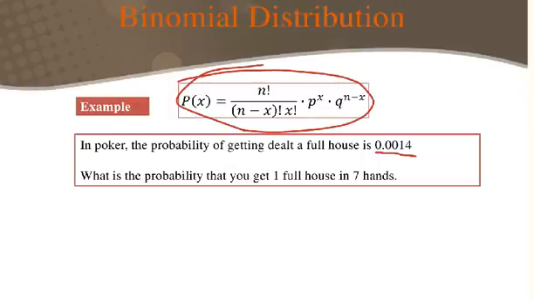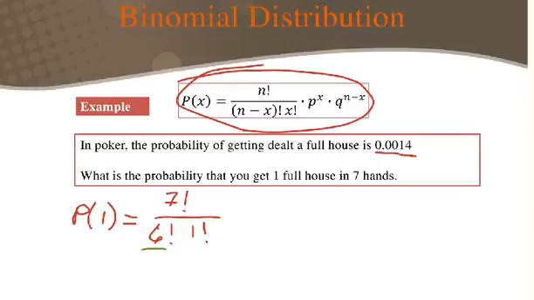So the question is, what is the probability you will get one full house in 7 hands? So we can use our formula and calculate the probability of 1. Since there are 7 trials, this would equal 7 factorial divided by 6 factorial times 1 factorial. Now, of course, the 6 comes from the fact that we're taking 7 minus 1 factorial.